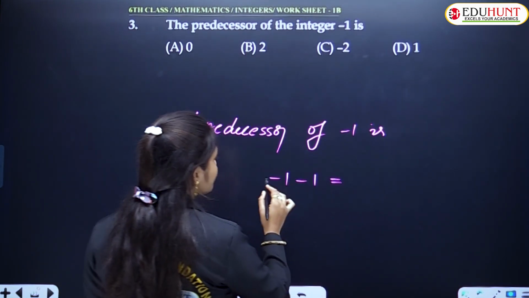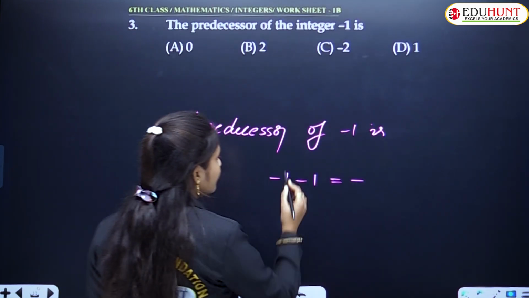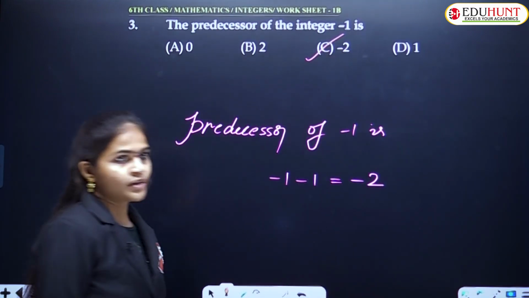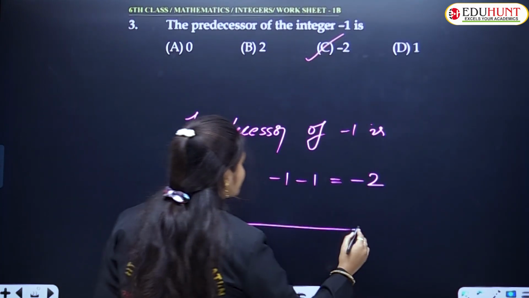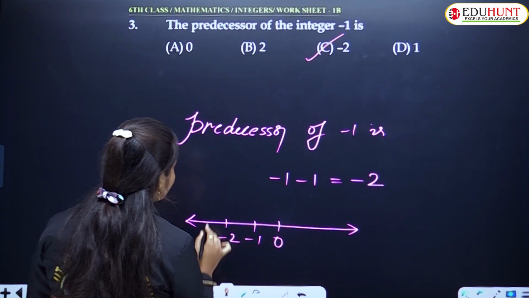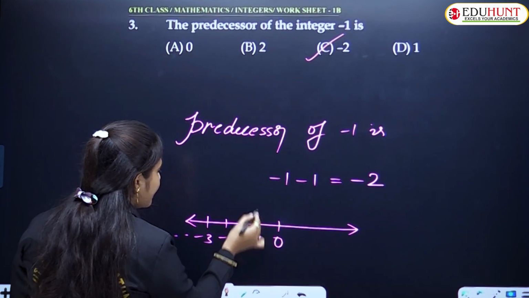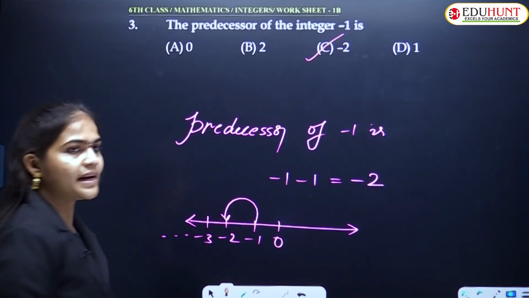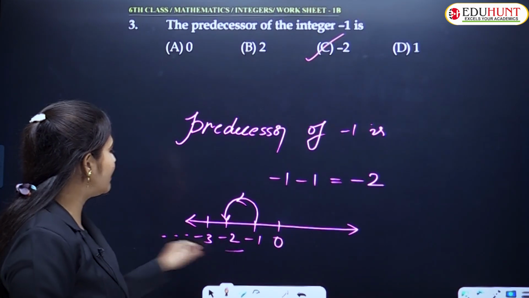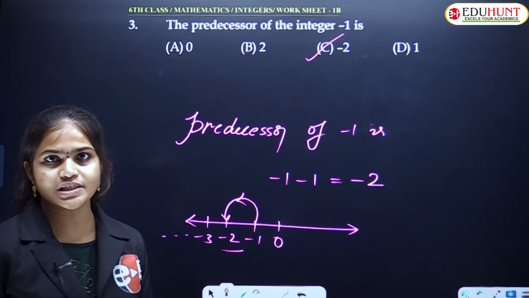So it equals minus, that is common, so keep the minus. 1 plus 1 is 2, so the answer is -2. The predecessor means just the number before, no? That's why here 0, -1, -2, -3 and so on. Predecessor of -1 is -2. What is the number before -1? That is -2. So the answer is -2.